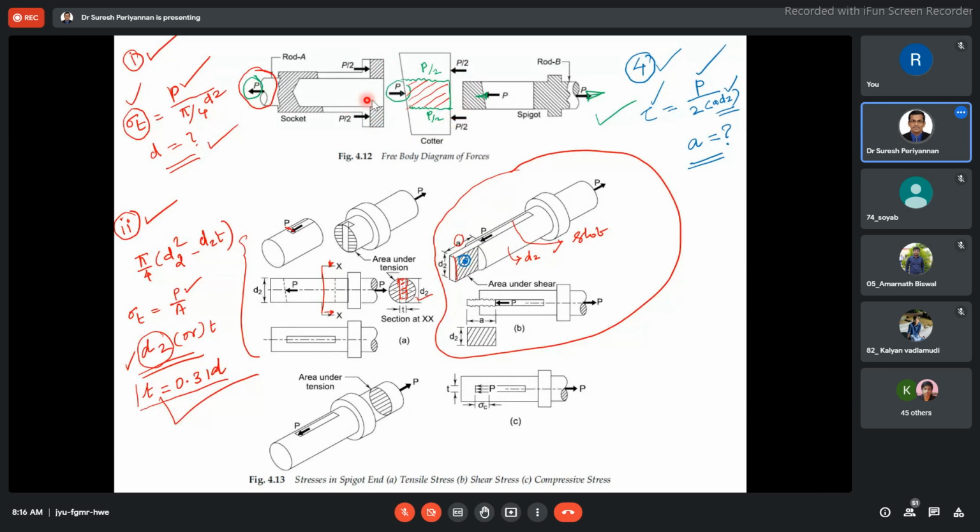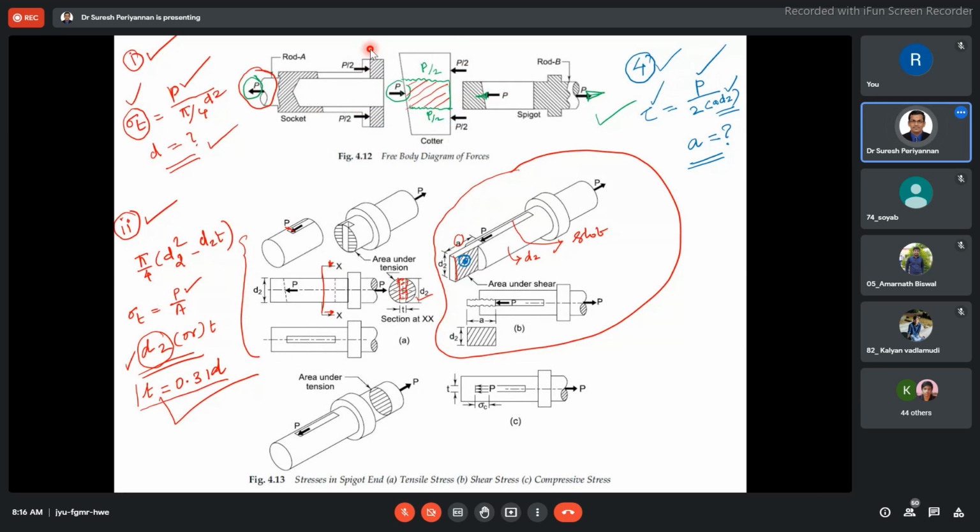When we assemble, this summation is going to be 0. Then the entire cotter joint is going to be in mechanical equilibrium. Then we can go for our application.